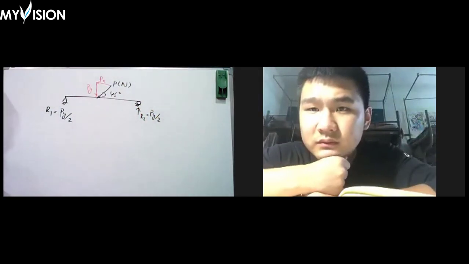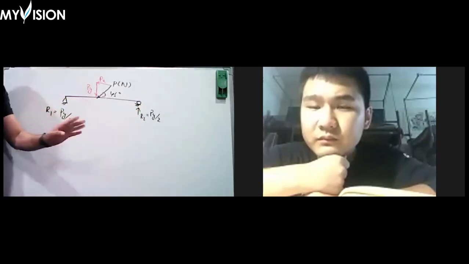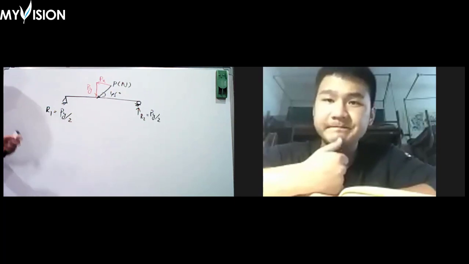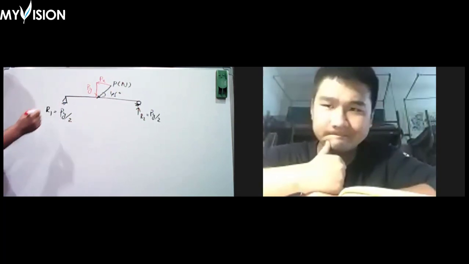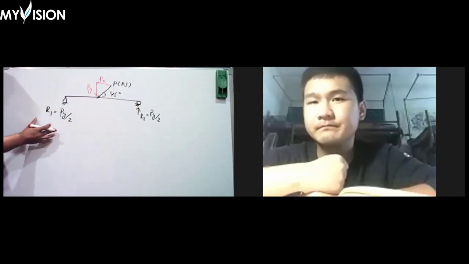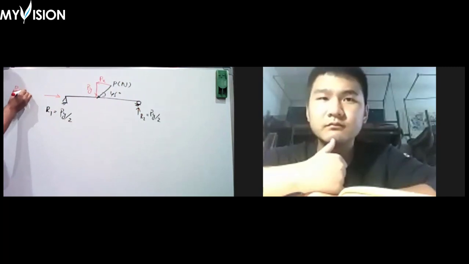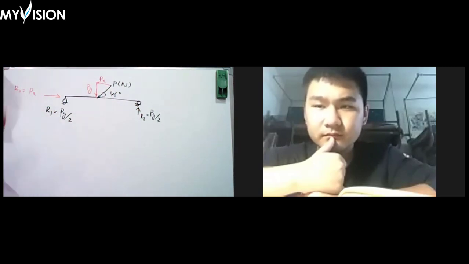And we also know that a roller support cannot resist any horizontal force, but a hinge support can resist the horizontal force, and there will be one more reaction. That reaction will be a horizontal reaction, right? We can name it R3, and it will be Px.